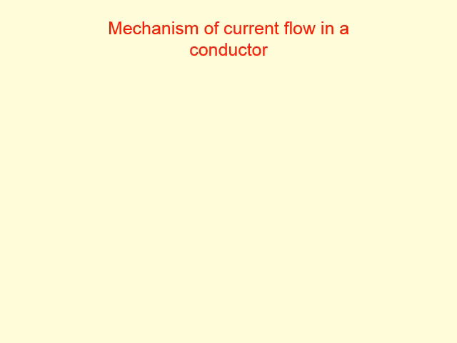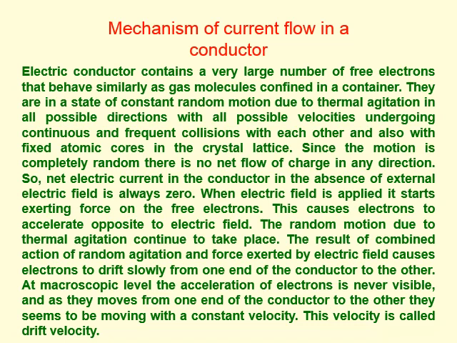In this slide, students, we shall be discussing the actual mechanism of flow of electric current in a conductor. In an electric conductor, the motion of free electrons can be compared to the motion of gas molecules confined in a container. We know that gas molecules confined in a container are in a state of constant random motion, and they move in all possible directions with all possible velocities. Similarly, the free electrons inside a conductor also keep moving freely in all possible directions with all possible velocities.